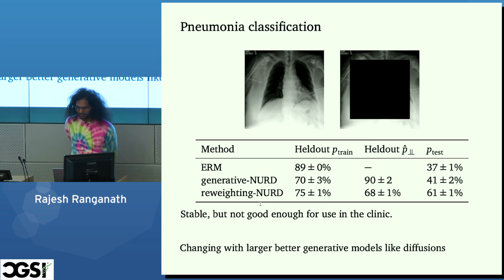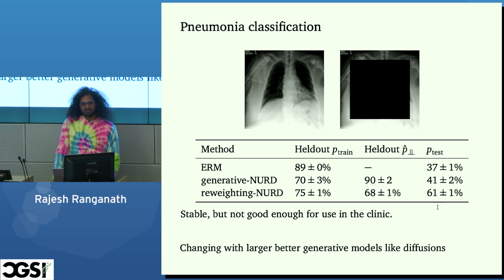You can do this for pneumonia classification, and you see something very similar. For the performance of just training a model directly, it's pretty good in training, but if you swap to a different disease prevalence, so the prevalence of disease A gets higher in the corresponding other hospital relative to training, the performance drops a lot. For generative NERD and reweighting NERD, the performance is more stable, but it's not good enough to be used.